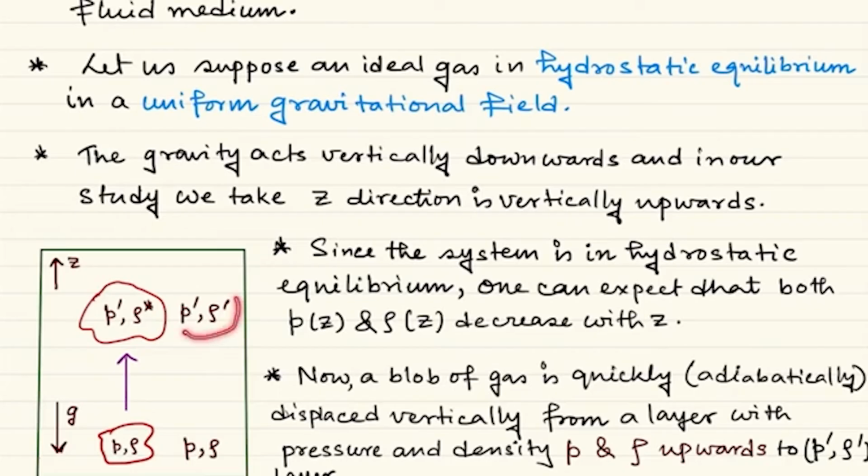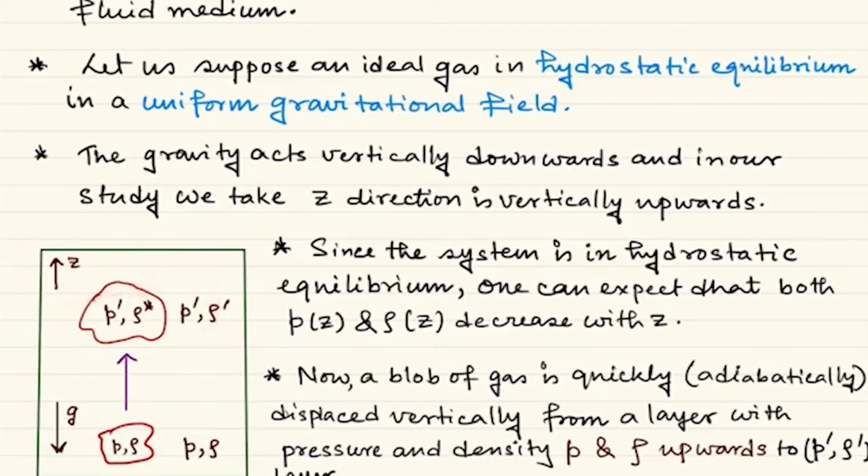So this layer had a pressure and density P prime and rho prime, and because this mass is adiabatically displaced, this mass will also have some adiabatic thermodynamic change, and due to that change, the pressure inside of this blob is now different. This blob is a foreign entity in this layer.